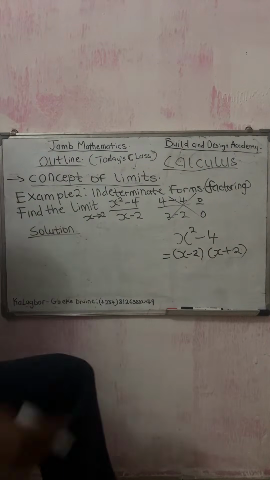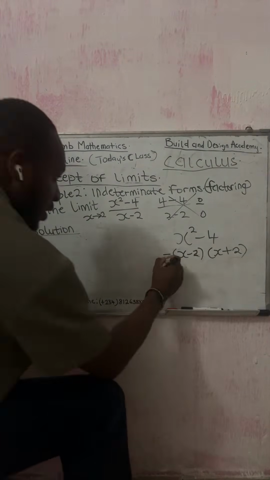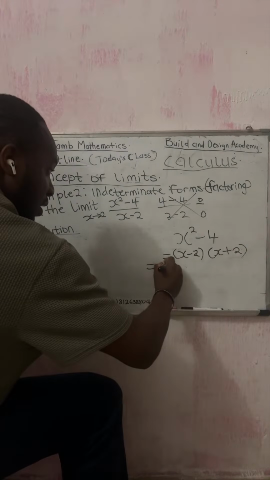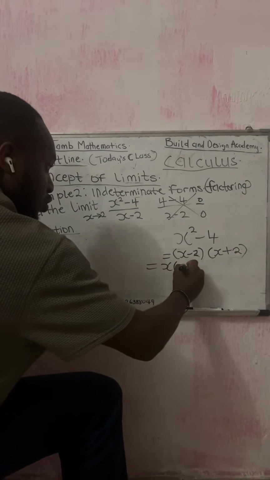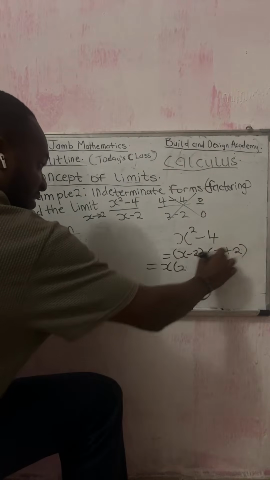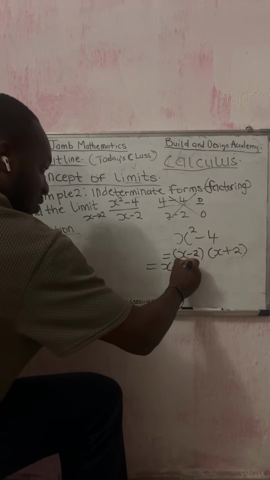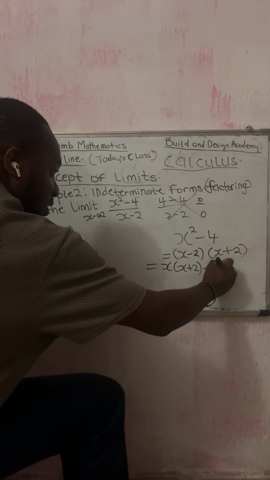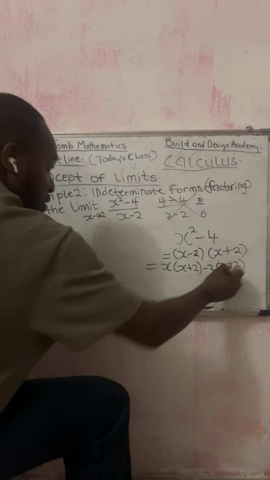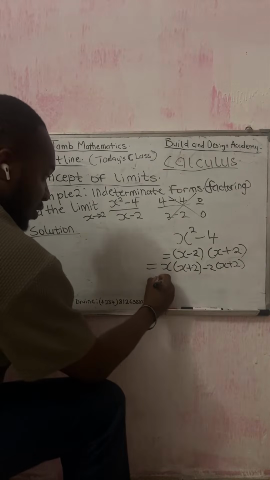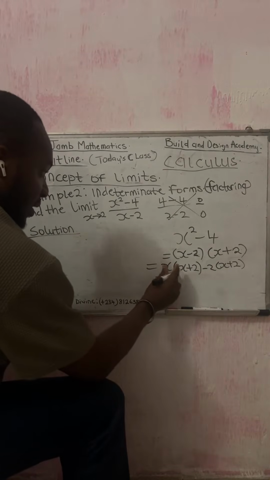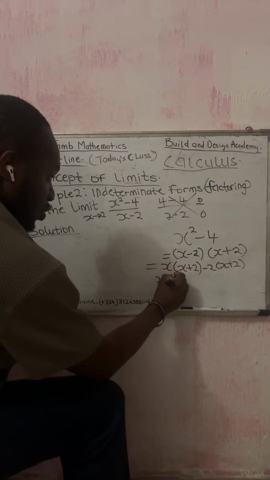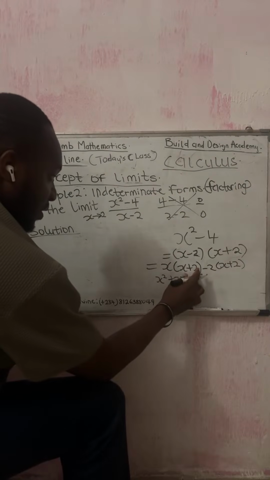Yes. So now let's confirm if it's going to work. This is simply x into x plus 2, that's x times everything in this bracket, minus 2 into x plus 2. Now x times x will give us x squared. x times 2 will give us plus 2x.